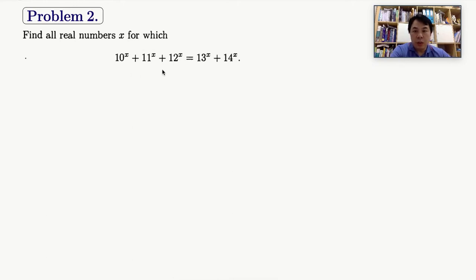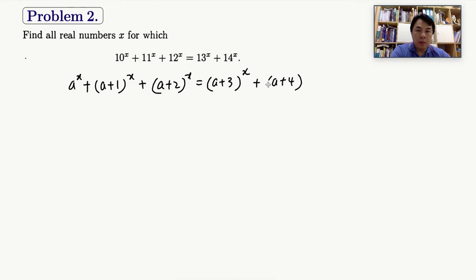For instance, we can represent this as a^x, (a+1)^x, (a+2)^x equal to (a+3)^x, (a+4)^x, where a is actually 10, and x are all real numbers.